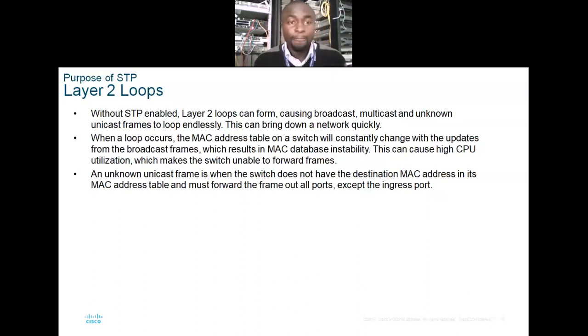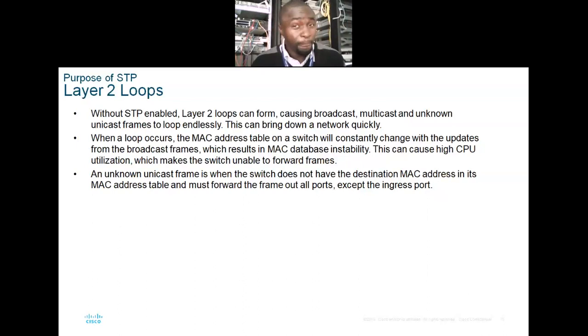In that switch, there's a MAC address table. Within that MAC address table, it has the details of every end device that is connected to that particular switch. So if a frame comes in and is supposed to go to a particular destination, it checks the table for the corresponding port number and then just forwards that frame through that port. And that's how it makes its decision.